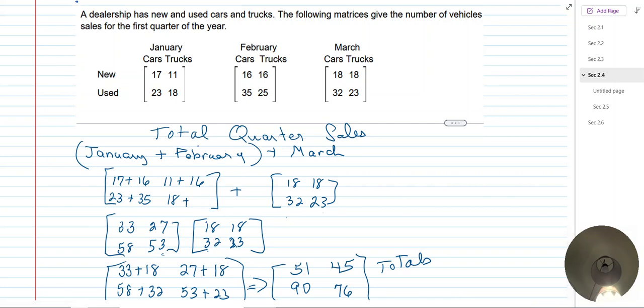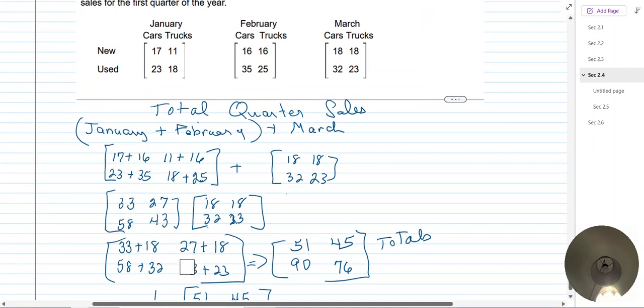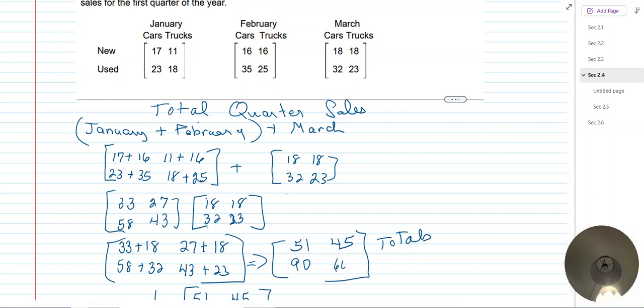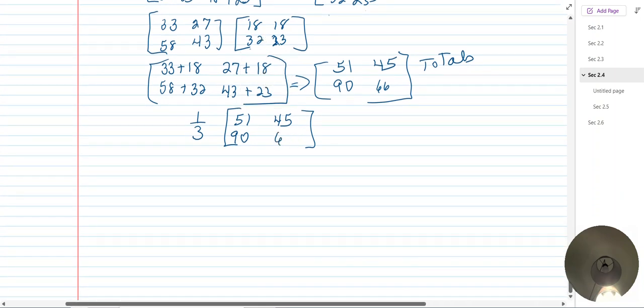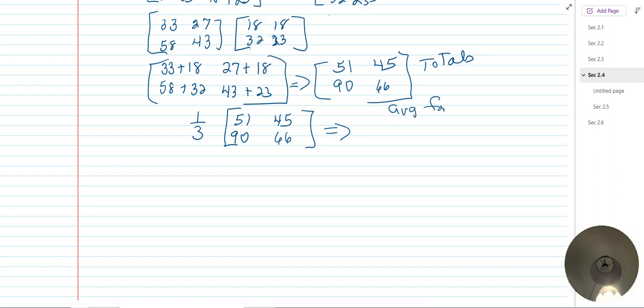I was going to say, that's not going to come out right. It's going to come out even. Sorry about that. Because I'm taking 1/3 to make the average.